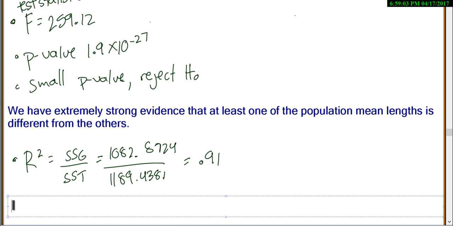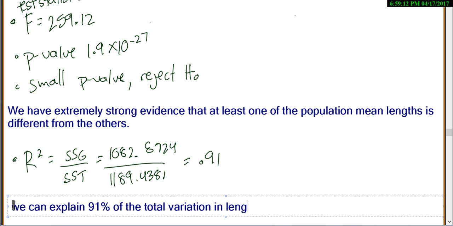So this now means that we can explain 91% of the total variation in lengths by which group or species they are in.